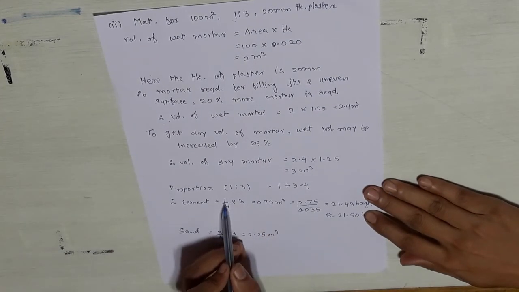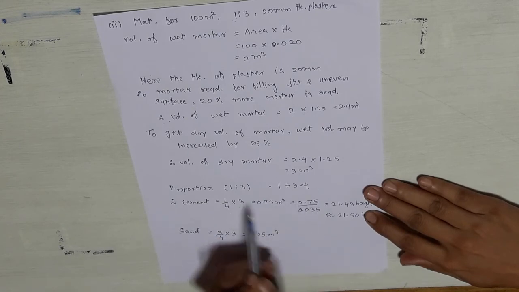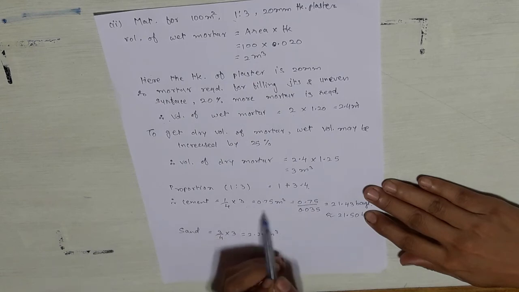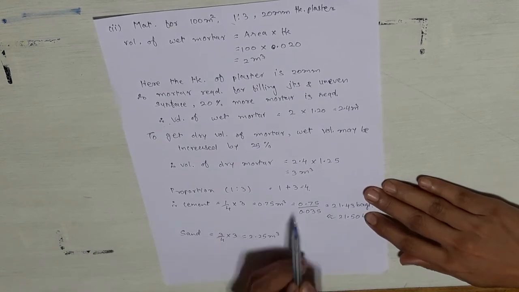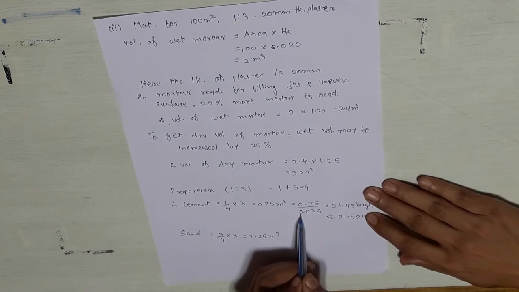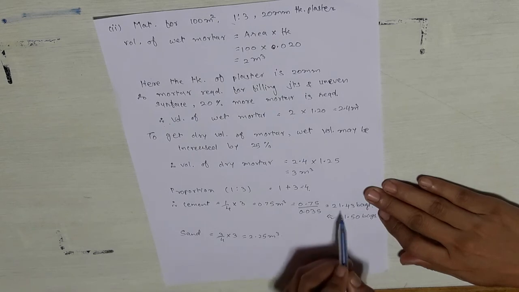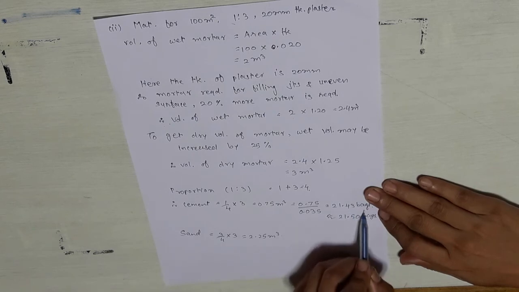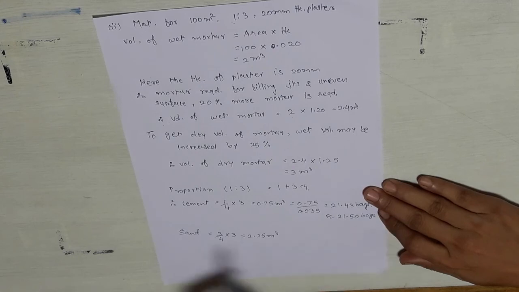So 1 part cement divided by total 1 plus 3, that is 4, and volume of the dry mortar is 3, so the answer comes to 0.75 meter cube. Then 0.75 divided by 0.035, the volume of the cement bag in meter cube, gives the number of bags, 21.43 bags, nearly equal to 21.5 bags.